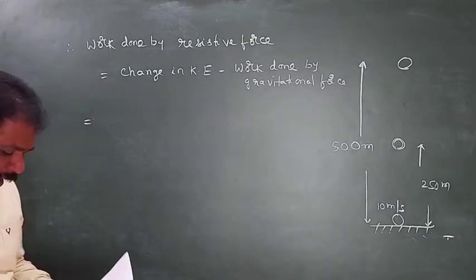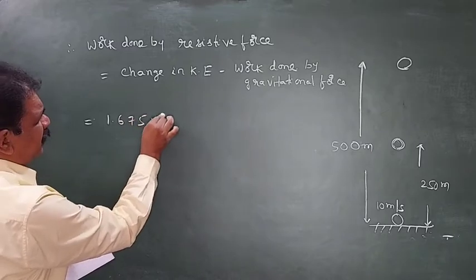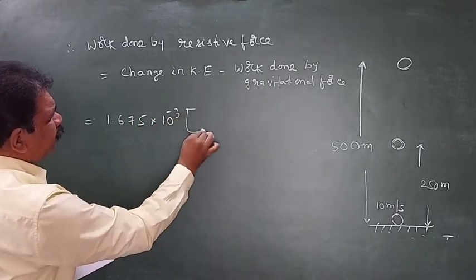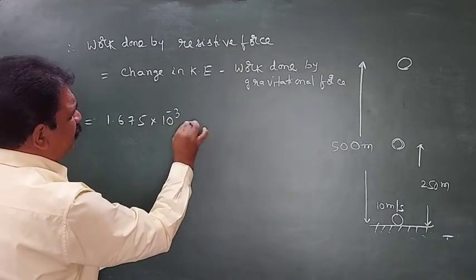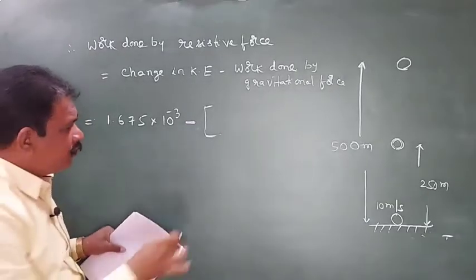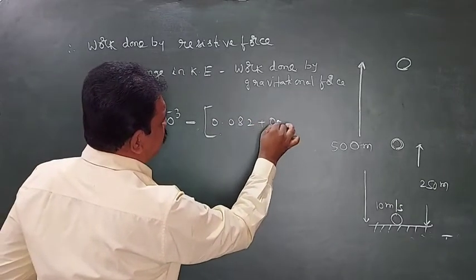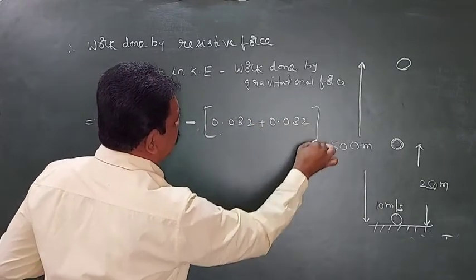Change in KE value is 1.675 into 10 power minus 3, minus this value, 0.082.